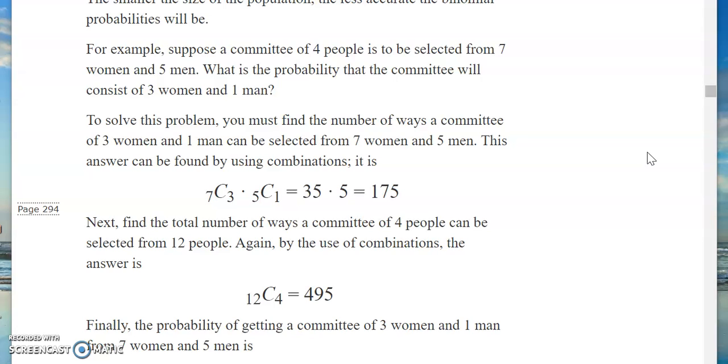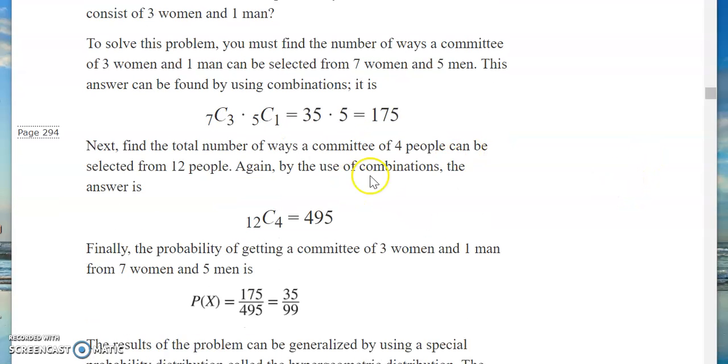So in the numerator, there's 175 ways of choosing this scenario, the 3 women and the 1 man. Okay, that's for the numerator. That's the number of successes, 175 ways of doing this.